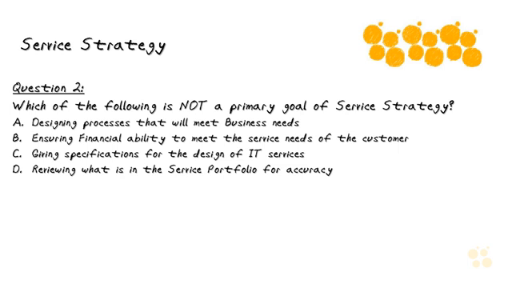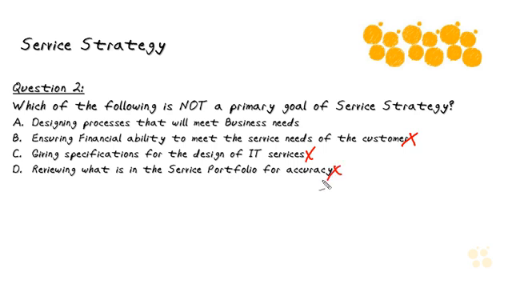If you take a look at it, ensuring financial ability to meet the service needs of the customer? Yeah, that is a correct one that we would do for service strategy. We talk about financial management. Specifications for the design of IT services? Yeah, I would say that'd probably be that. And then reviewing what is in the service portfolio for accuracy?